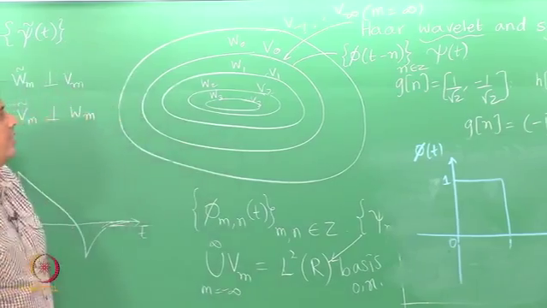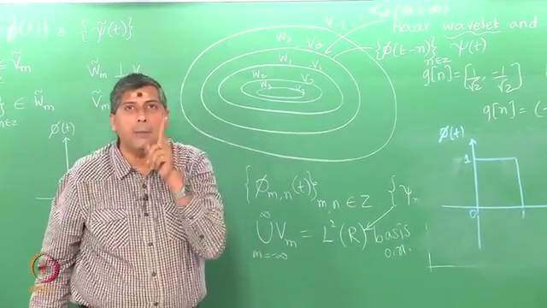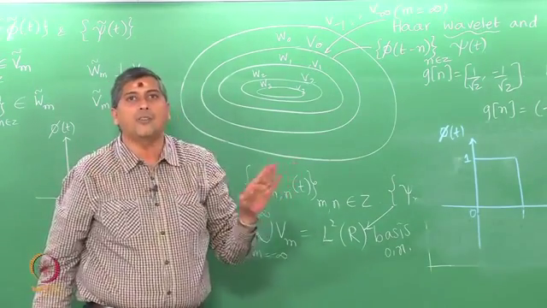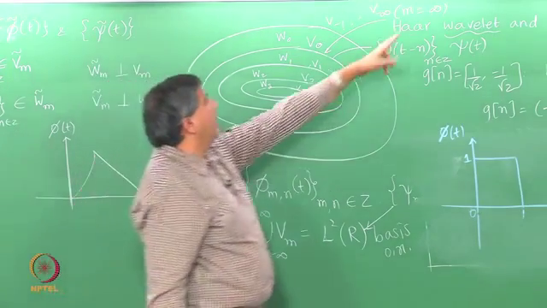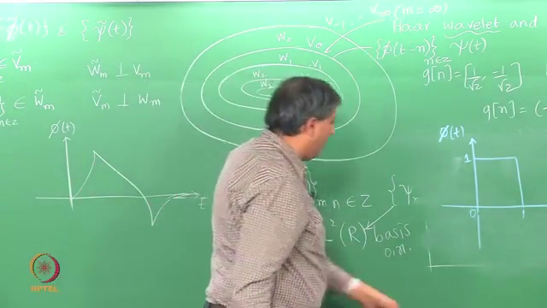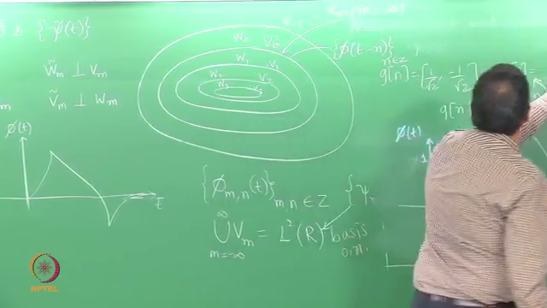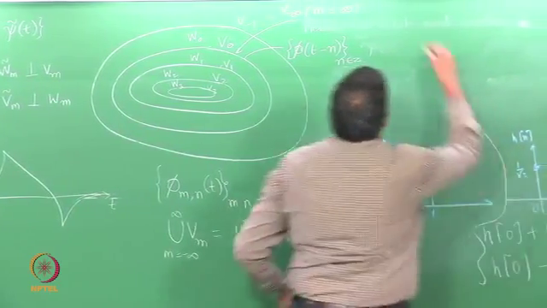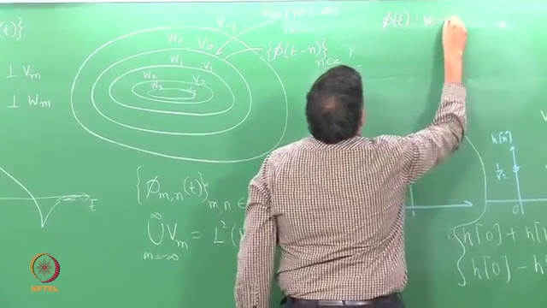And what that result says is, whenever I project phi of t onto V0, there is only going to be one approximation coefficient, that is unity, and all the other approximation coefficients are going to be 0. So, imagine instead of assuming V minus infinity, I have phi of t at a very fine scale.